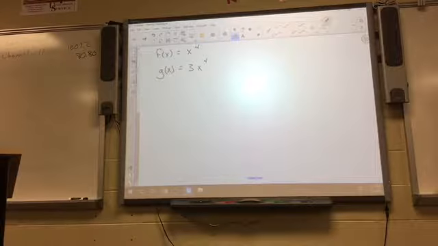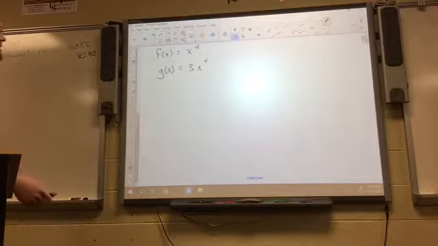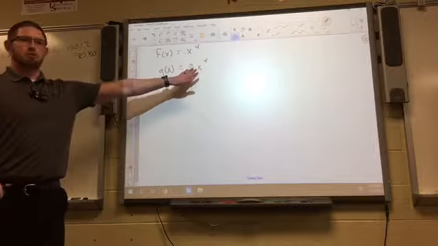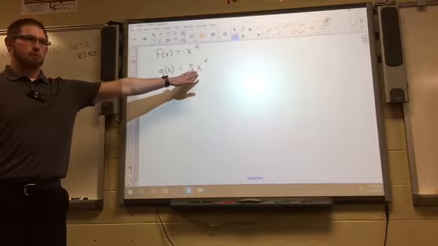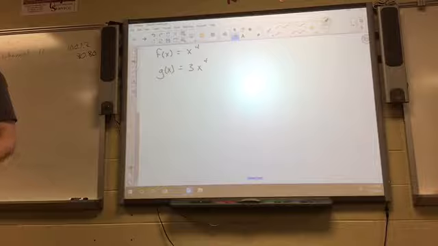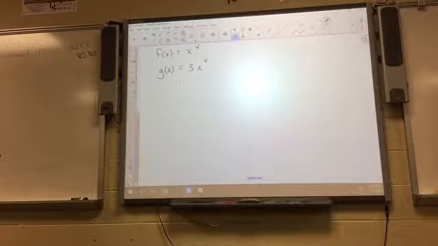I could still have a vertical translation without parentheses, but I'm not adding or subtracting. Your translations are adding or subtracting. This is going to be either a stretch or a shrink because I'm multiplying. Based on your chart, and use that sheet I gave you, is this a vertical or a horizontal change?